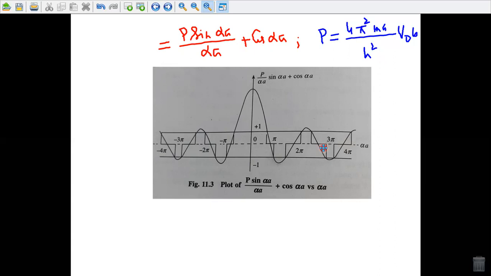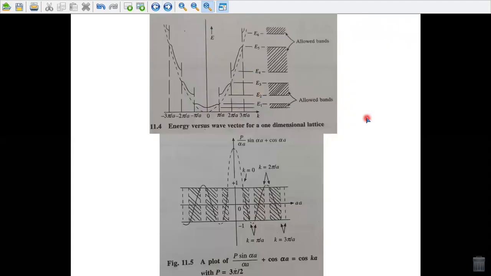pi by a. So this is the original figure where we have plotted the energy versus wave vector for a one-dimensional lattice, and this shows a plot of energy as a function of k. If k is to be real, the magnitude of cos ka should be less than 1. That is, modulus of cos ka is less than 1, which corresponds to the allowed energy band.